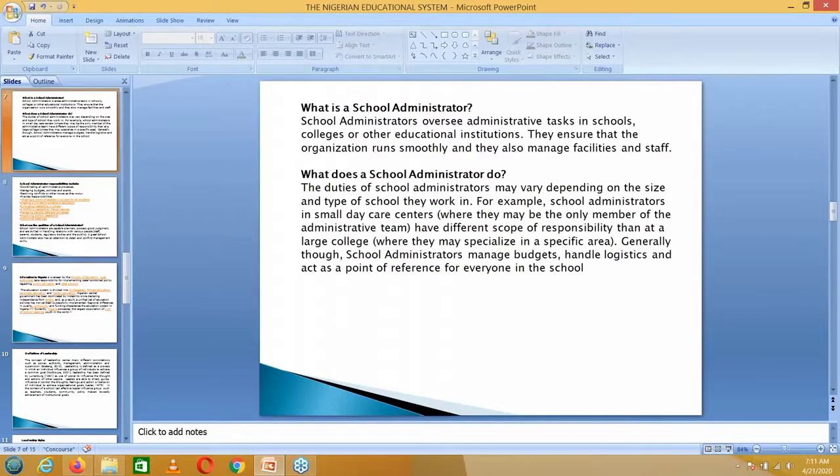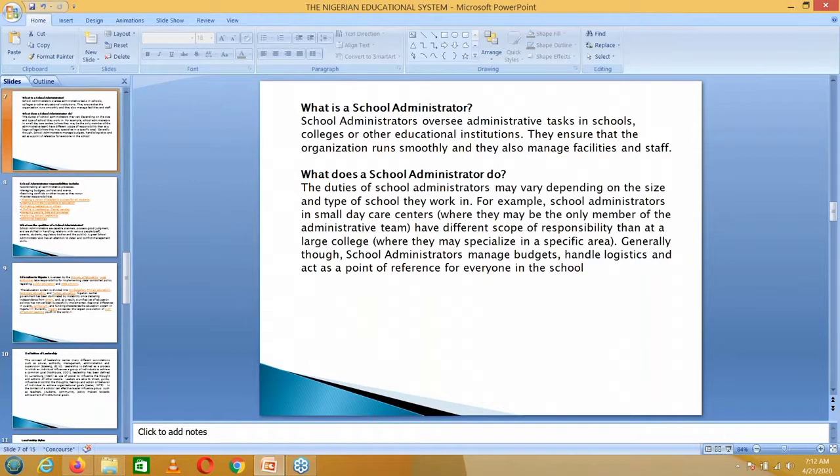A school administrator oversees administrative tasks in the school. We have different forms of tasks in the school. We have the management, that's the administrator. We have the learning aspect, which has to do with the teachers and other things. Now, the school administrator will ensure that the organization runs smoothly, and they also manage facilities and staff.